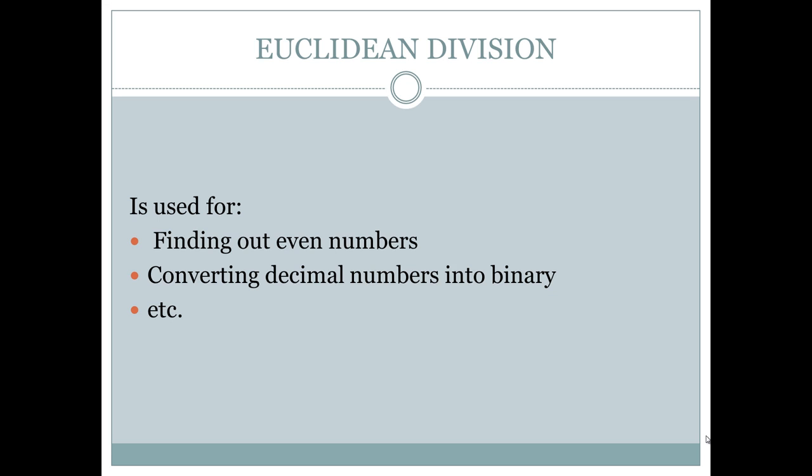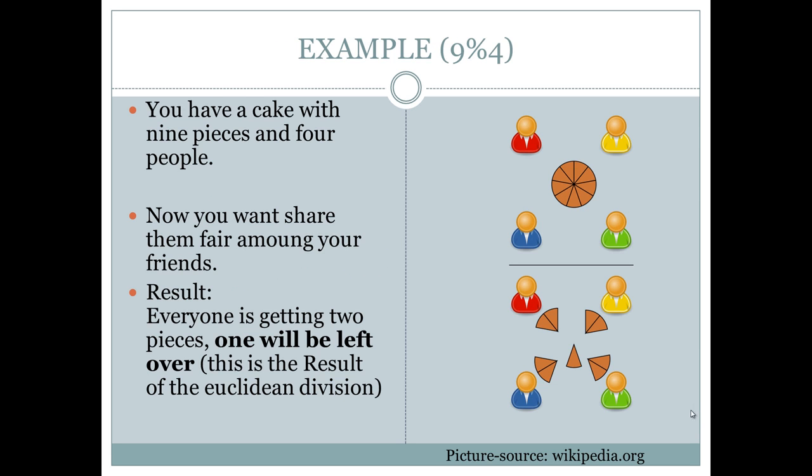So we will use Euclidean division, and you normally use Euclidean division for finding out whether a number is even or uneven, and you can also convert decimal numbers into binary ones with this division. So this is my first example I've prepared for you.